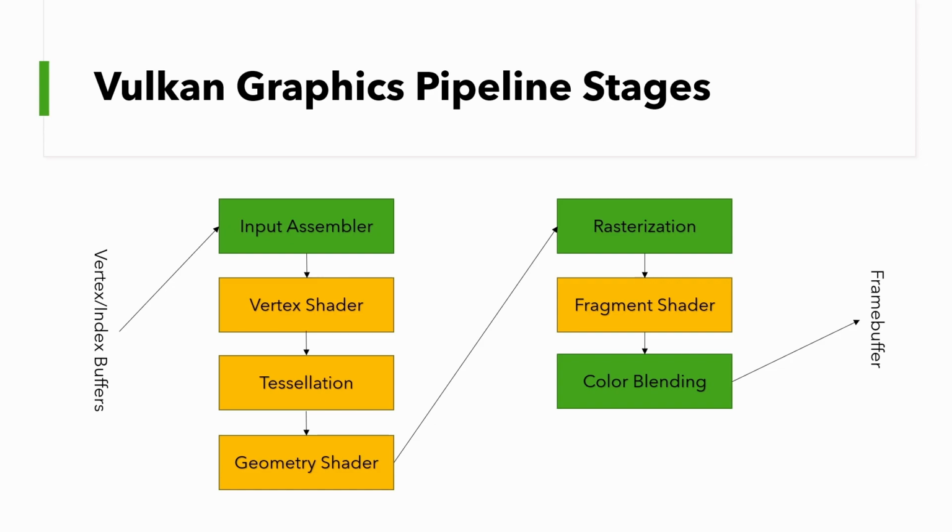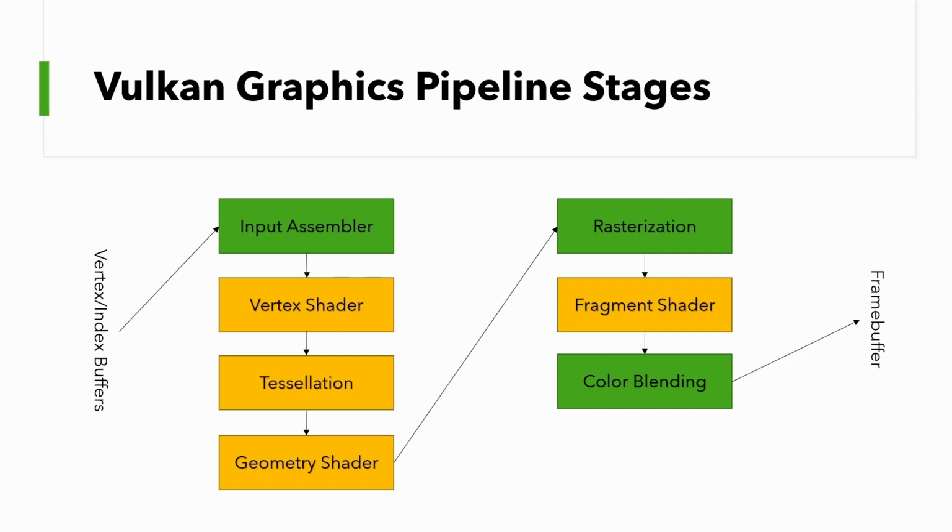Basically, this takes all that data that is passed in to the shader and splits it up and sets it up in a way where we can actually use it in the shader program. I'll get more into that in just a second. So the vertex and index buffers are our raw data coming in, and the input assembler takes that raw data and sets it up in a format that is usable for us in the next stages.